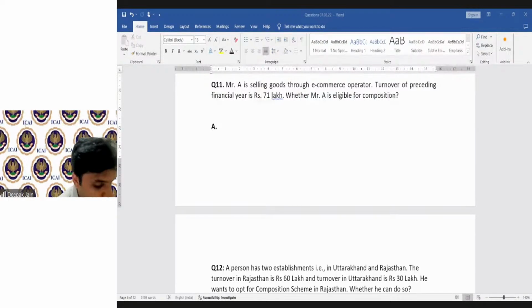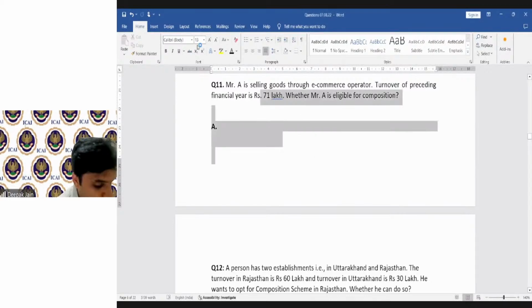Yes, e-commerce sellers will not be eligible to opt for composition. Very right. So when you're selling through an e-commerce operator, you cannot opt for the composition scheme.